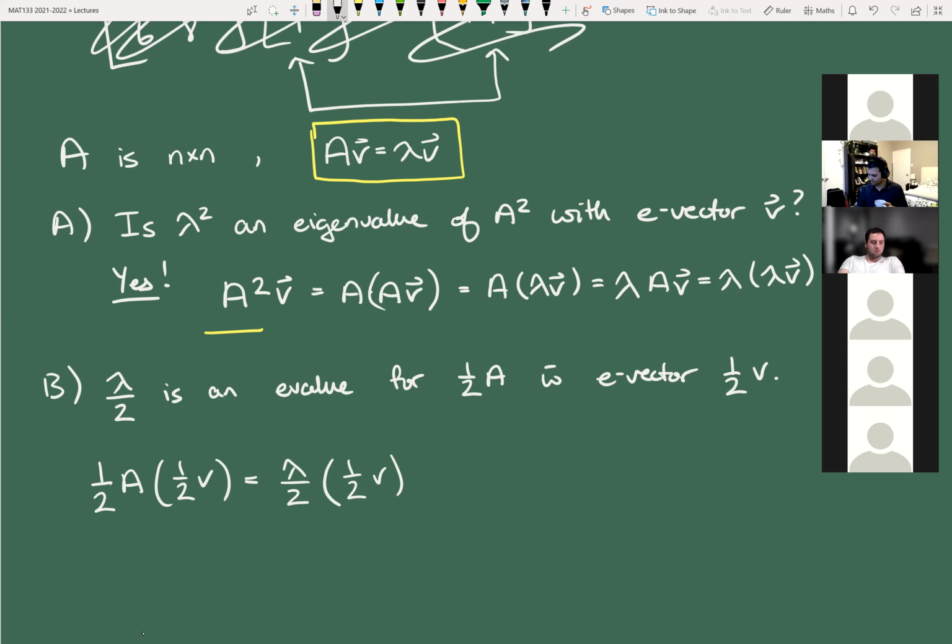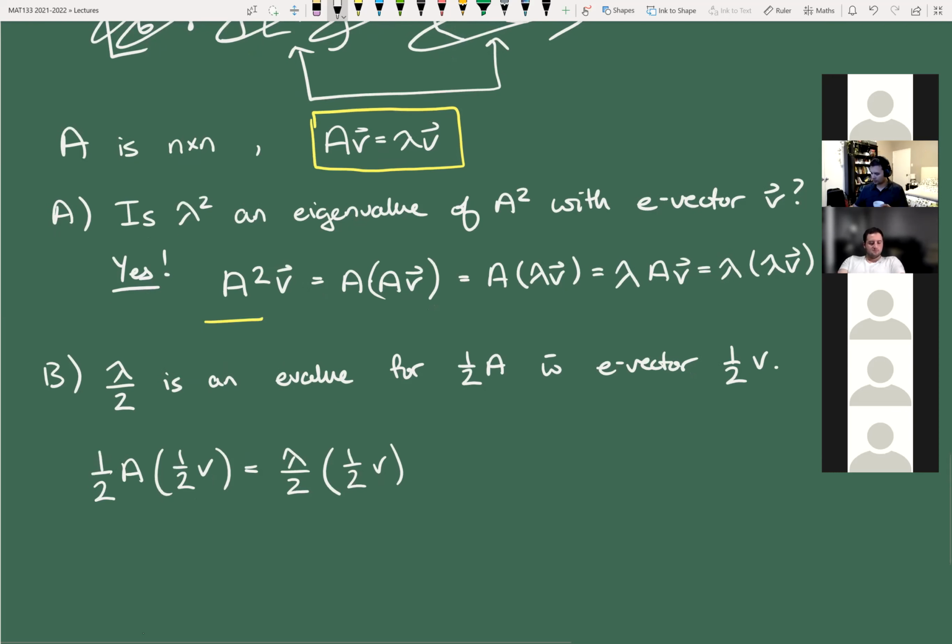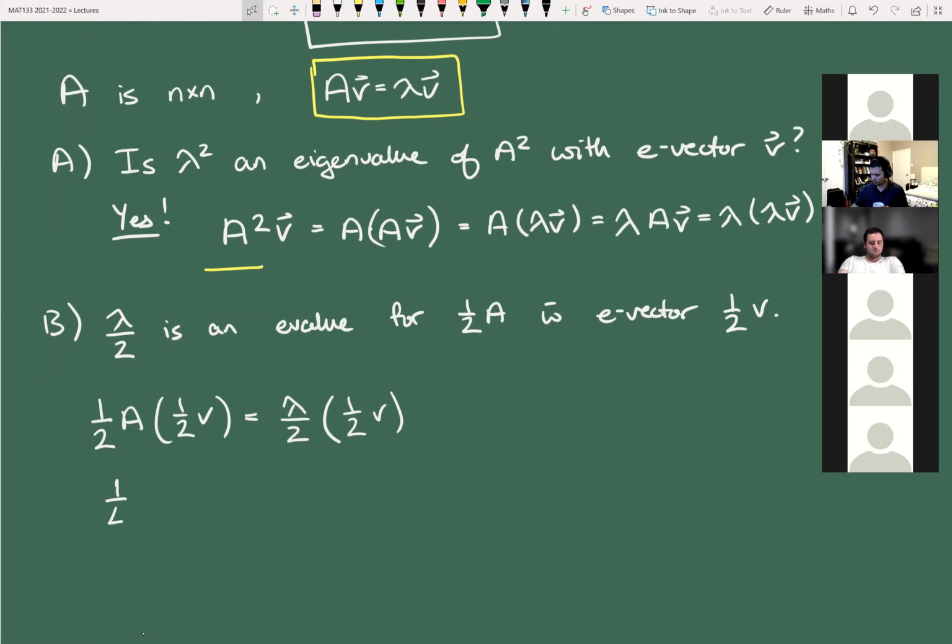And wait a second, why isn't this true? This should not be true. Lambda over 2 is an eigenvalue. Is this true? So I get 1/4 AV has to be 1/4 lambda V. There's no way that should have worked.